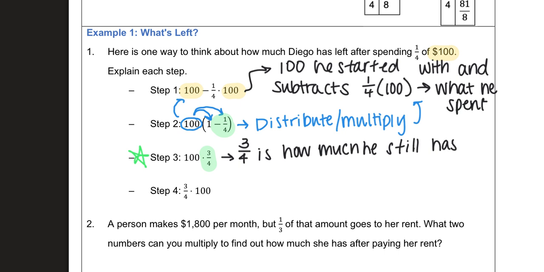So when we're multiplying 3/4 times 100, this is the total amount of money that he still has, okay? Very, very important. That's what we're gonna be using a lot throughout this unit, okay? And then in step 4, all we did was rearrange. So we just changed the order that they were in. Instead of having 100 times 3/4, we just have 3/4 times 100, okay? But this is our big idea here, is thinking about how much are we losing versus how much we are keeping, okay?